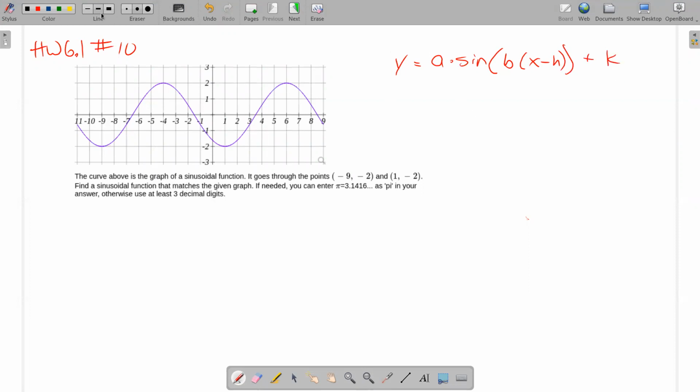And reminders about what each of these do. A here is going to give us the amplitude of the function. And that's the height off the midline.